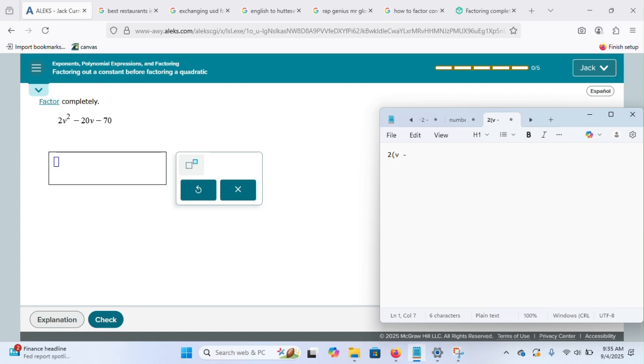Now remember, when you divide a negative by a positive, you get a negative number. Never forget that. It's important. So negative 20v divided by 2 should be negative 10v, which actually this would be v squared.